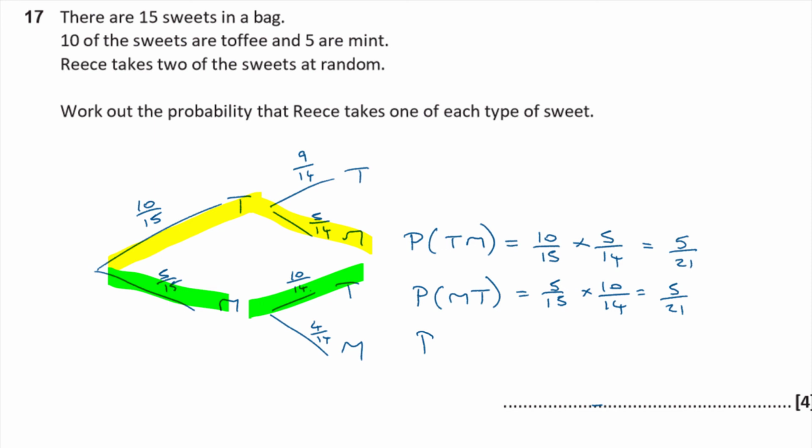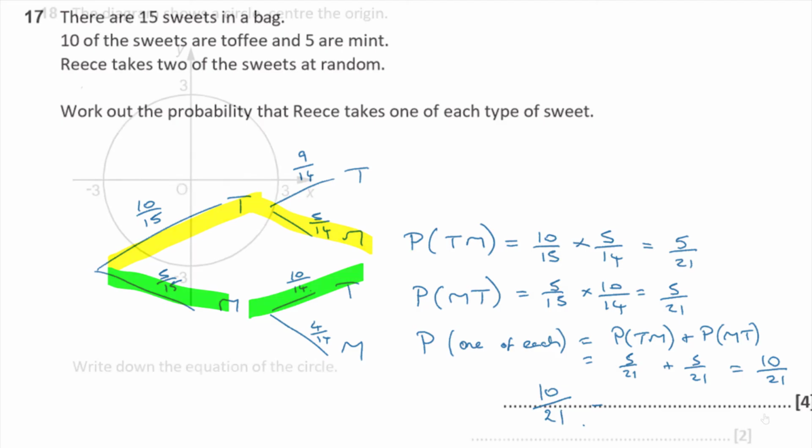So then the probability of 1 of each is going to be the probability of toffee mint plus the probability of mint toffee, which is 5 over 21 plus 5 over 21. And that comes to 10 over 21, so that's my final answer then, isn't it? 10 over 21.